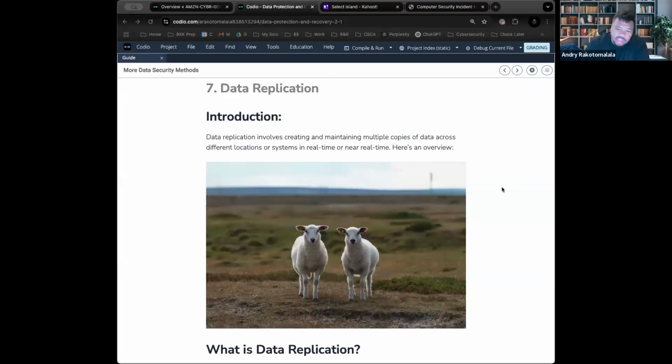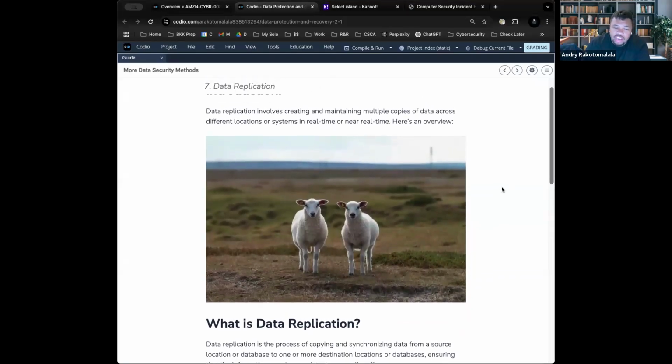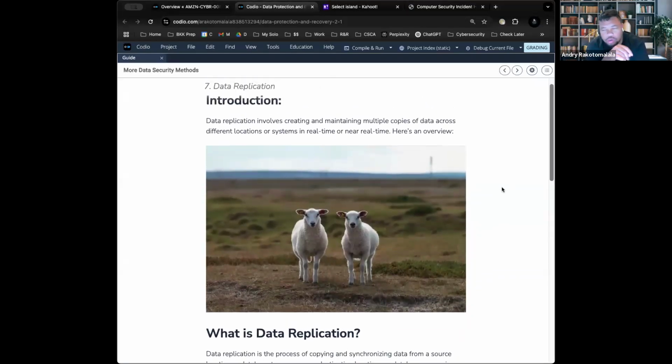If I create a file on my computer that just says test file, then that file should be created in all of the other copies where we have our backups. If I change it to test file one, that new version should also be copied in all of those other locations where data is backed up.